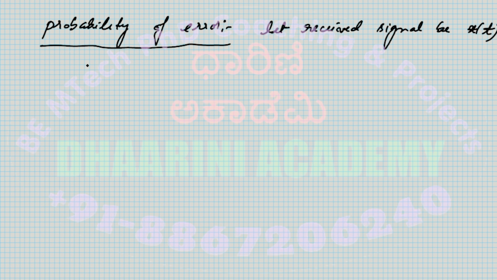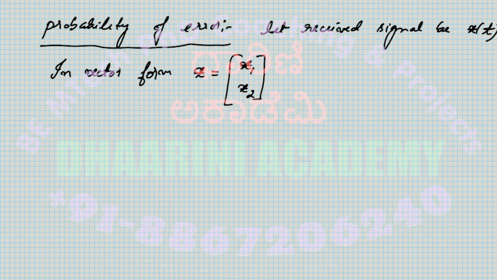If you want to represent it in the vector format, in the vector form let's simply denote this as x, which has two coordinate values, x1 and x2. So the values of x1 and x2 you calculate like this.